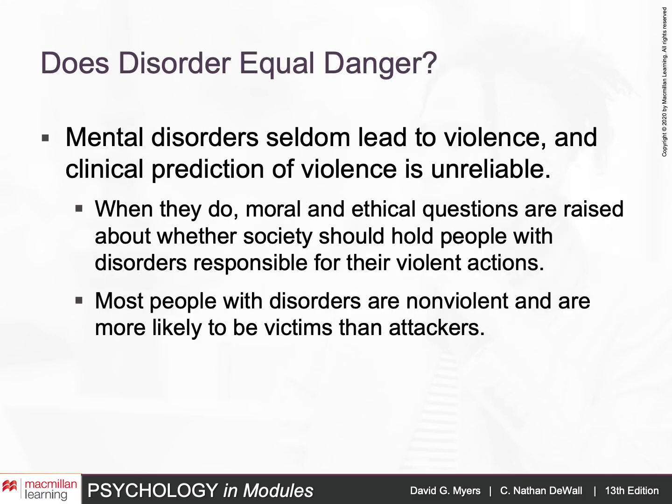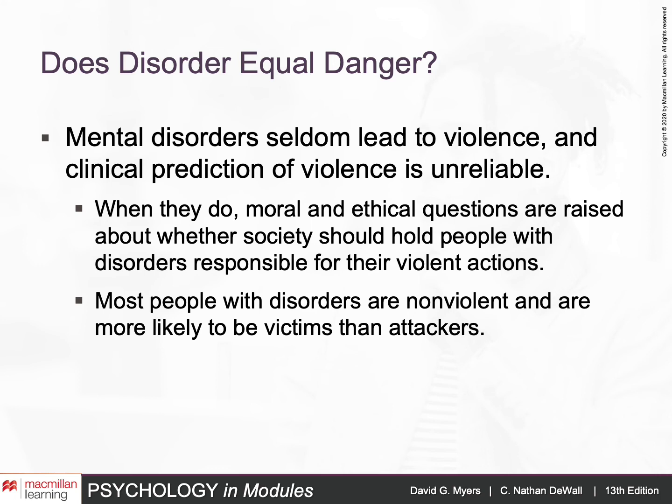Okay, so one of the last points that I wanted to make is that there is a very persistent, unfortunately, myth about mental illness that often gets perpetuated in the media, and that is that individuals with psychological disorders tend to be more violent or more likely to commit violent acts as compared to people without mental illness, right?